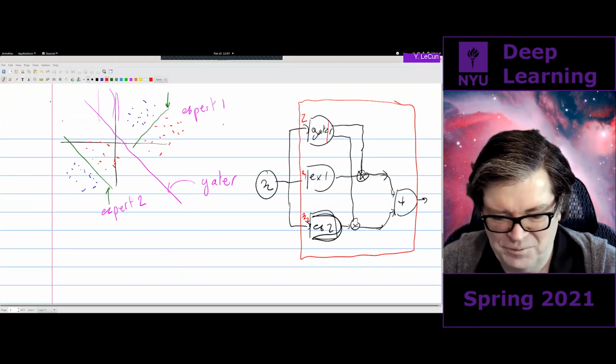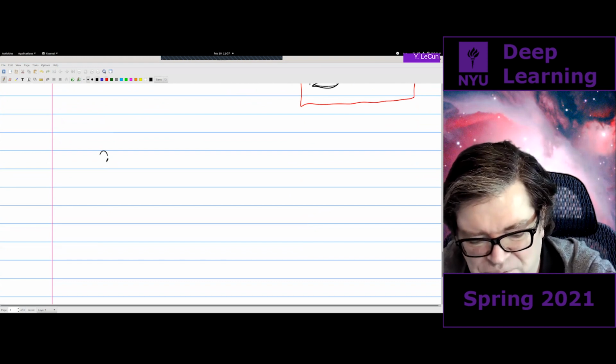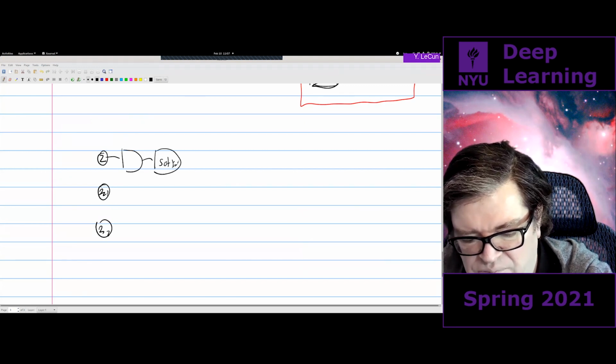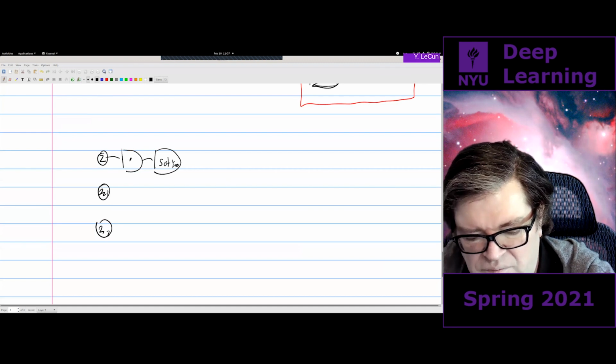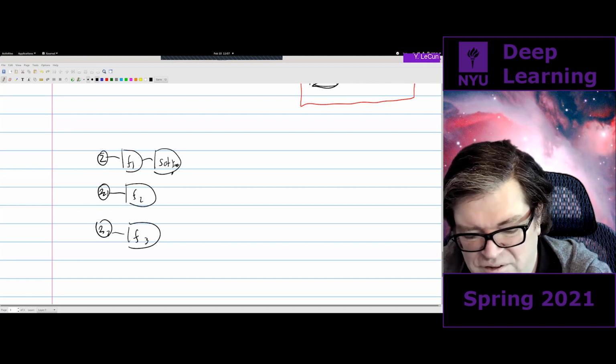Okay, let me draw this. This is a neural net of some kind. This is another neural net of some kind. This is another neural net of some kind. Doesn't matter what kind.